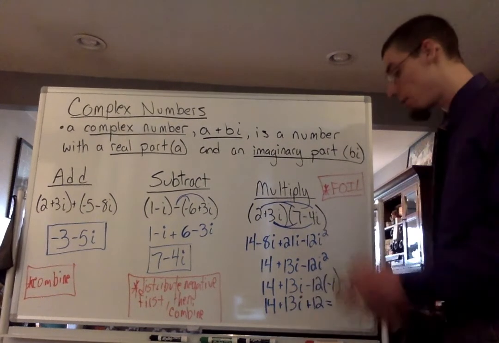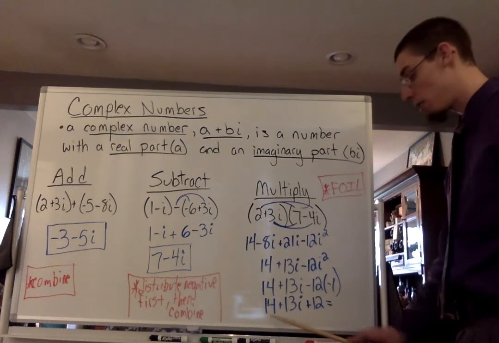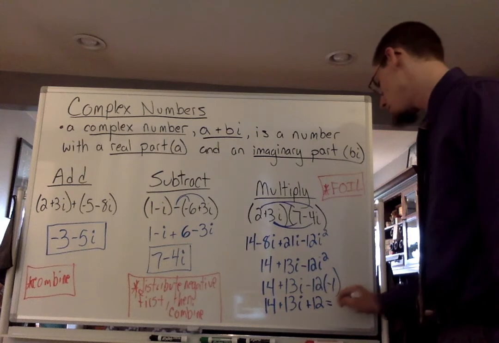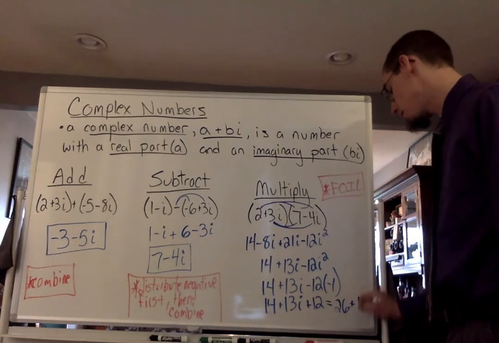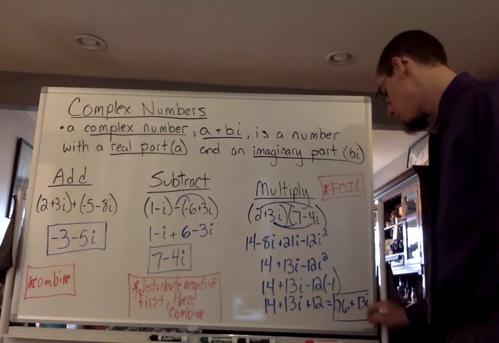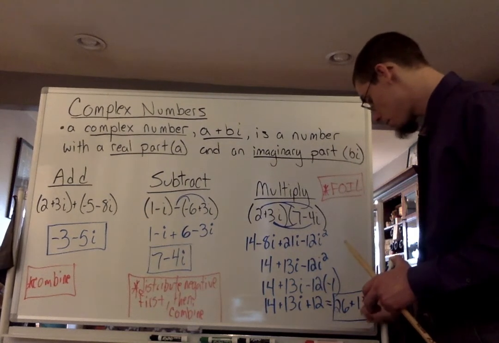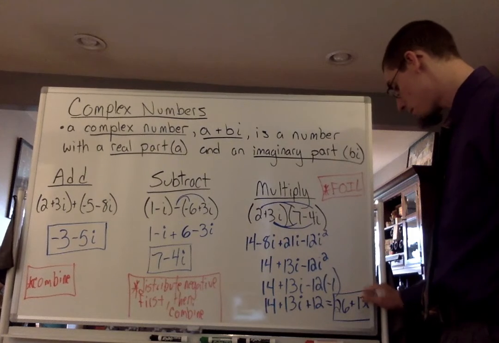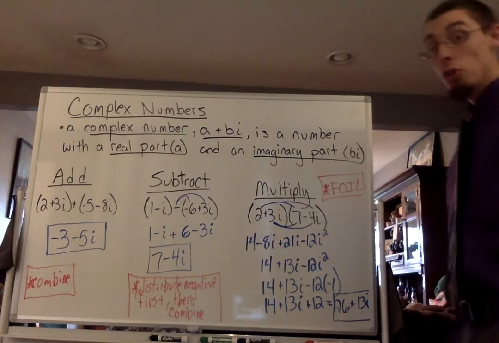Now I can combine, right? I can combine 14 and 12 because those are just normal numbers now. 14 plus 12 is 26, plus 13i. So, you look at what happened here.